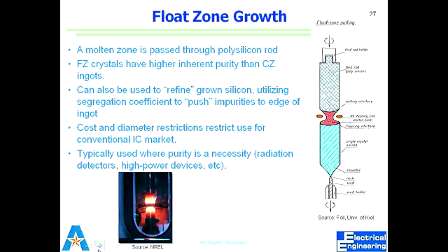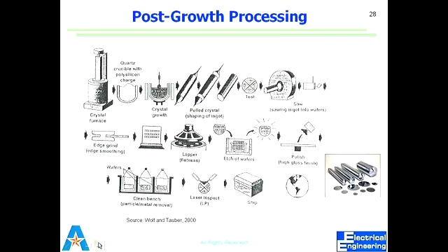Again, you can slice it and get the wafers out. So this is essentially the process where we pull the crystal, dice it, saw it, grind the edge, flatten the wafer, etch it to the desired thickness, polish it, and it comes out for the user, the rest of the world.